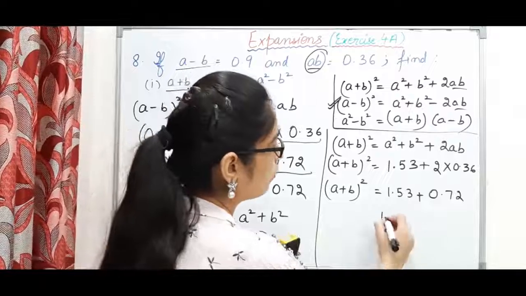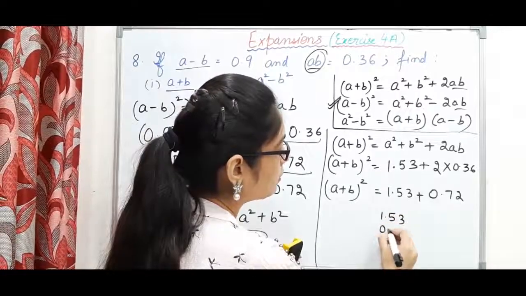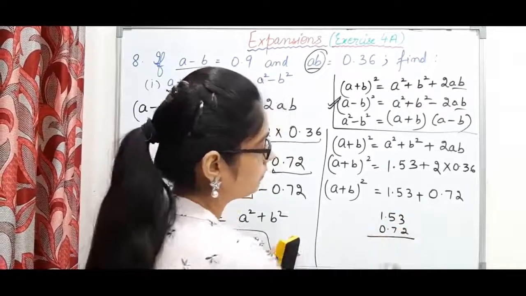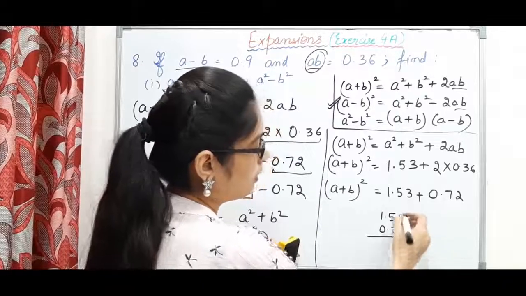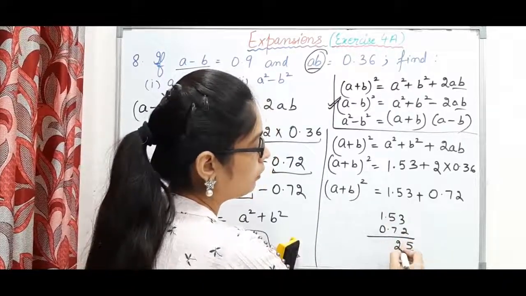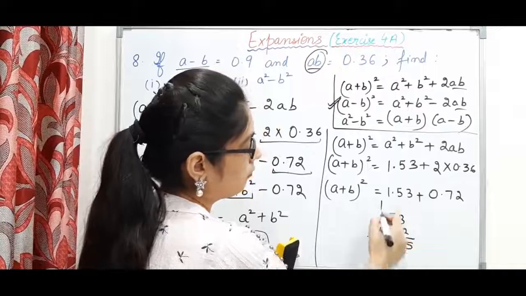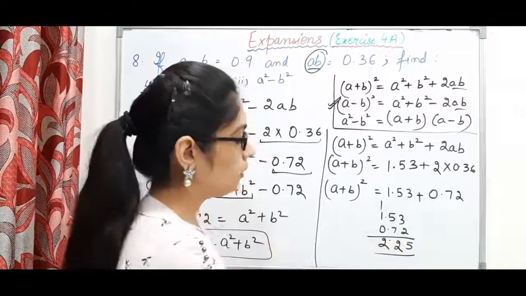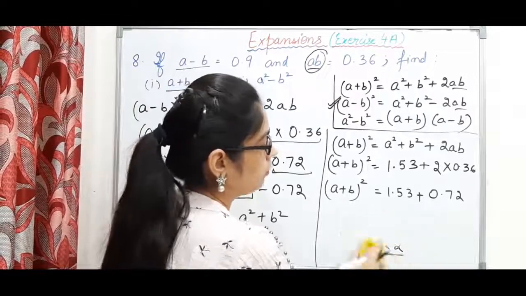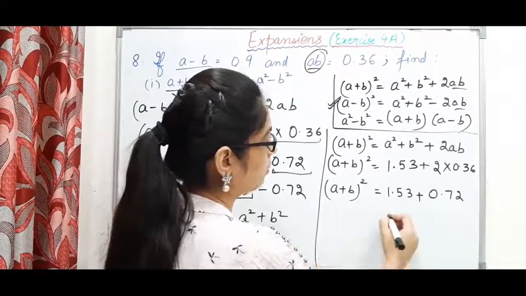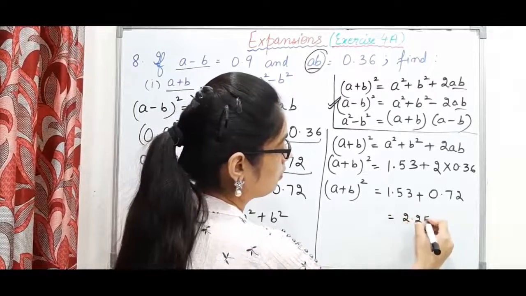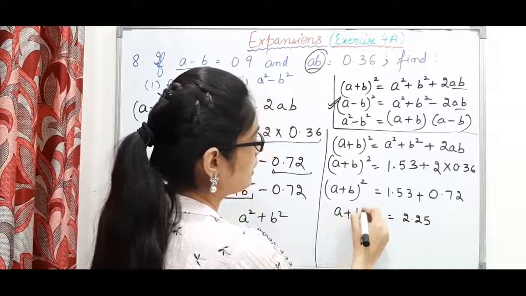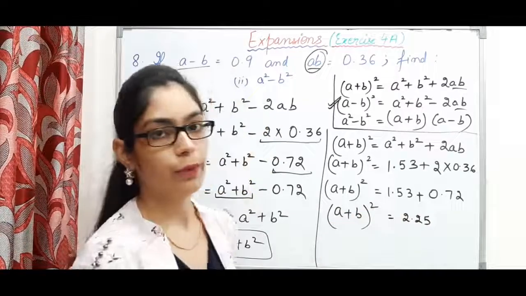Now we can add 1.53 plus 0.72. 3 plus 2 is 5, 5 plus 7 is 12, 1 plus 1 is 2. So 2.25. A plus b whole square is equal to 2.25.